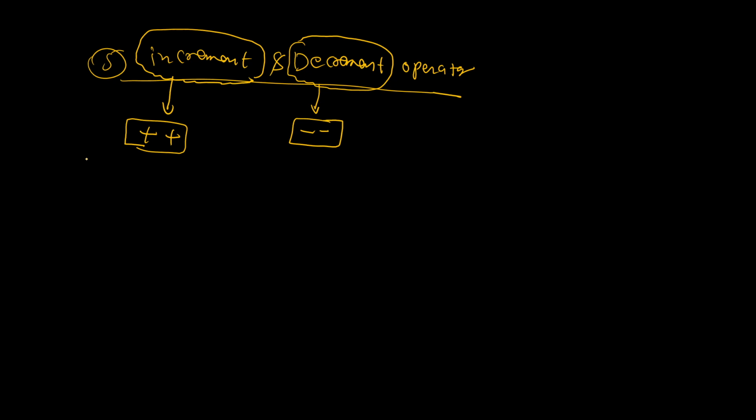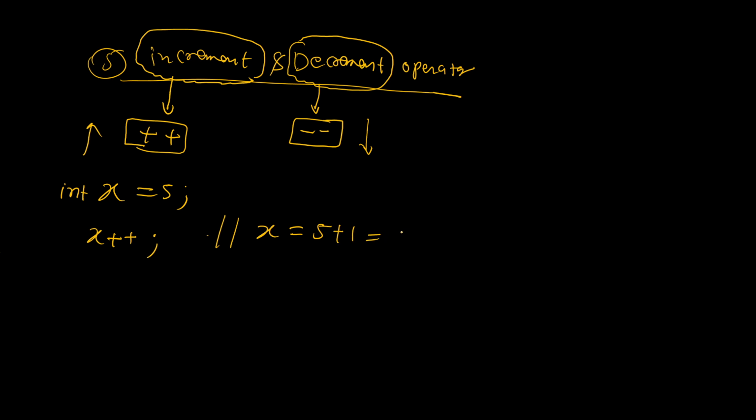In the case of increment operator, you are increasing some values, or with the decrement operator you are decreasing some values. Maybe x is a variable and it is storing 5, so the data type we have to define here. If I want to increase the value of x, how can I do that? I can use plus plus. The value of x will become 6, or will increase by 1.